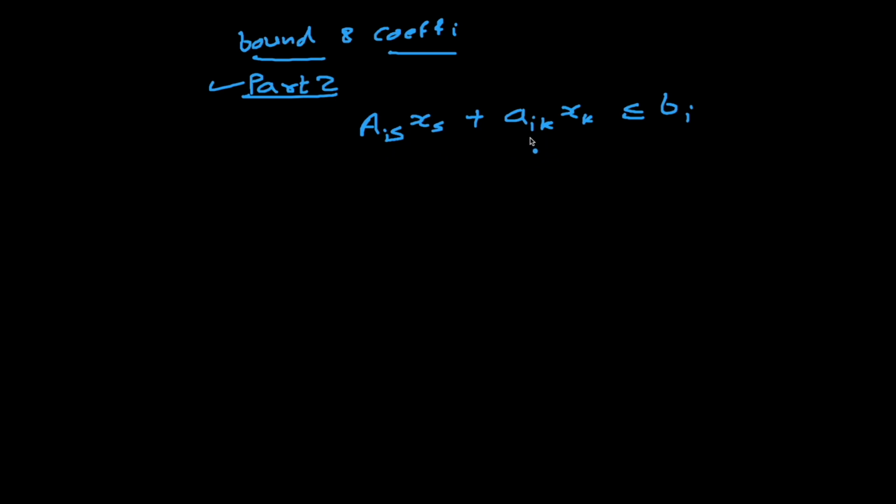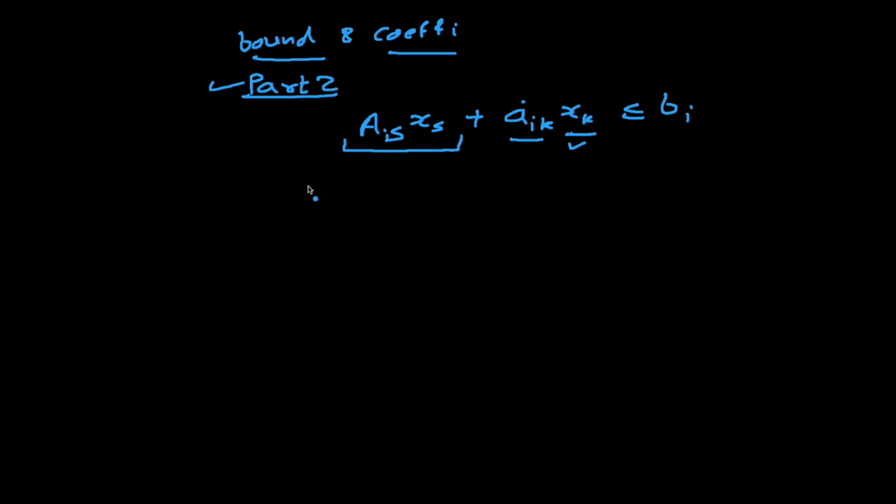Here we are trying to strengthen this coefficient a_ik, or we are trying to change the bound of this variable x_k. If x_k is integer, then we can sometimes even change this coefficient as well, but otherwise we can definitely change the bounds of x_k. All of that actually depends on this part.